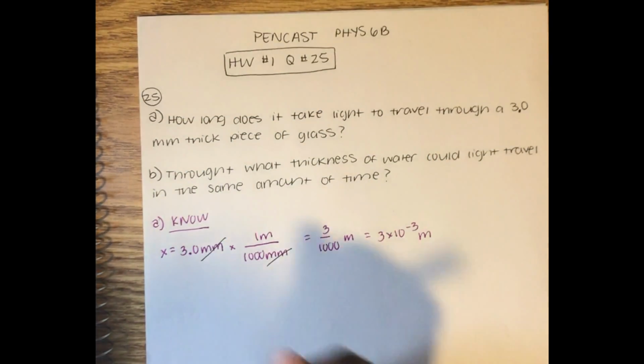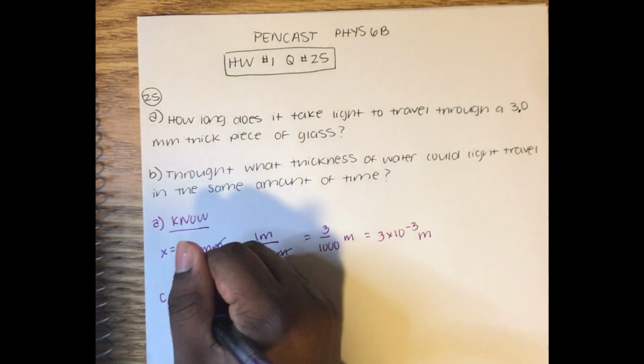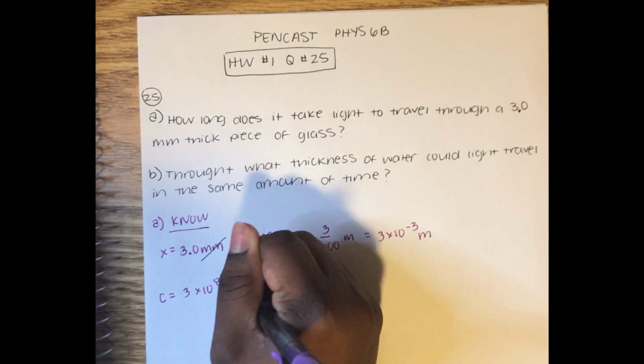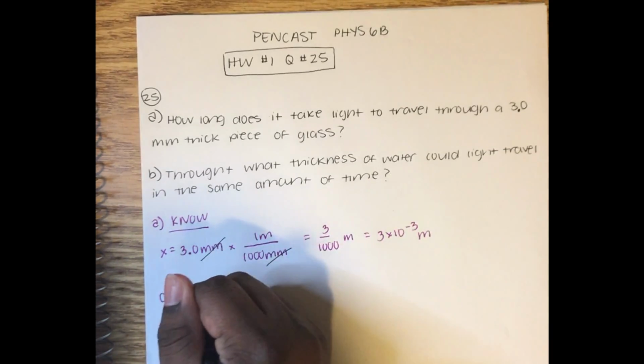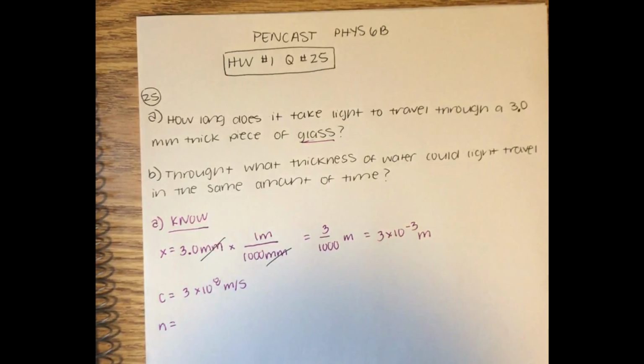We also know the speed of light, which is represented as c, and this is 3 times 10 to the 8th meters per second. We also know the index of refraction, which is represented as n, for the material glass, which is given in table 20.2.